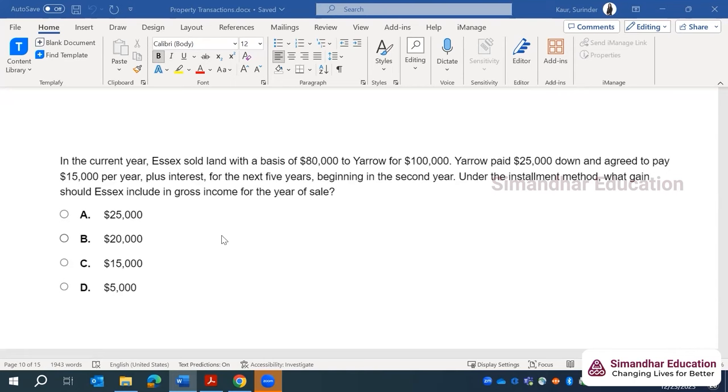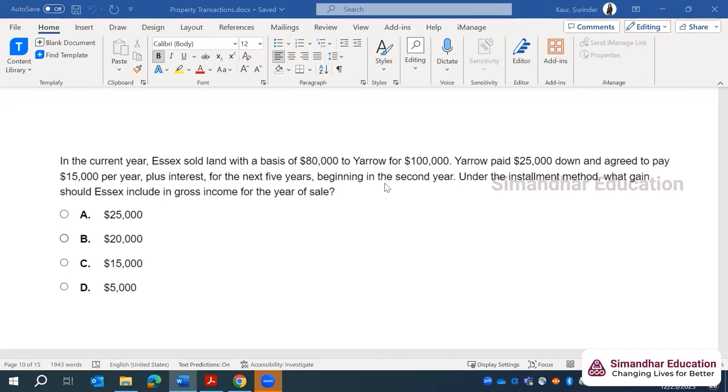So this is a question on the installment sale. First of all, what is my gross profit on the transaction? My basis is 80 and I'm selling it for $100,000. My gross profit is $20,000.